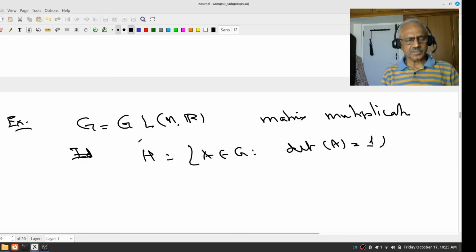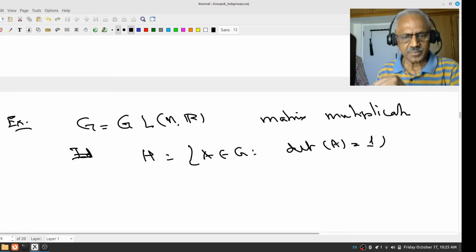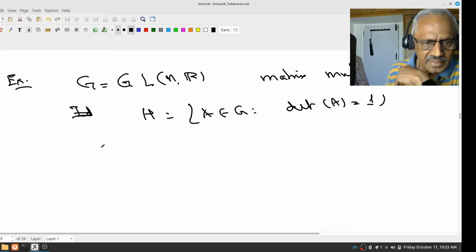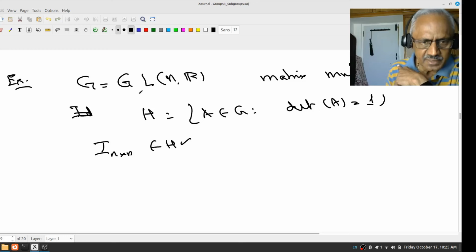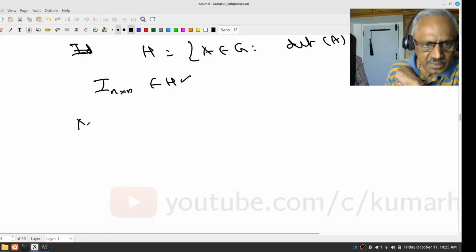If A belongs to G, the determinant is non-zero, but I want to look at only those elements whose determinant is 1. Now the identity matrix I, n cross n, belongs to H, because the determinant of the identity matrix is 1.